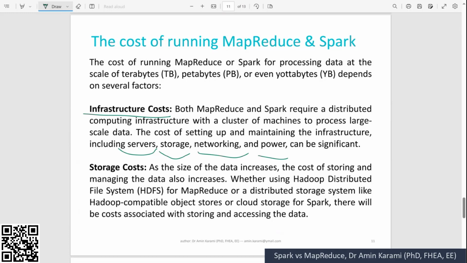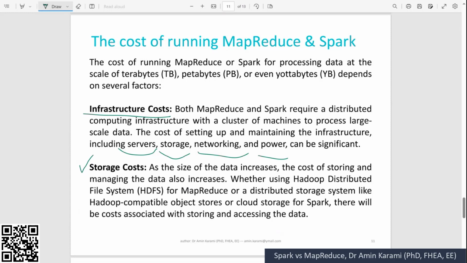These are the main features you have to consider. But about the storage, I'm adding storage separately because in Hadoop MapReduce we need hard disk. Hard disk is really important. But for Spark, memory is important.